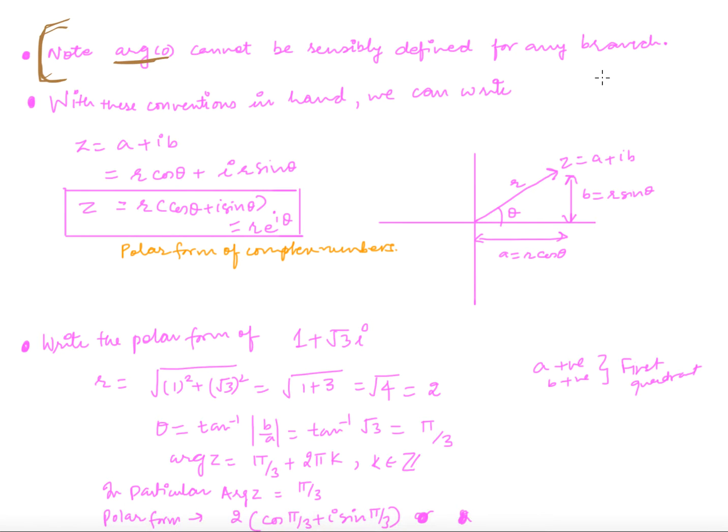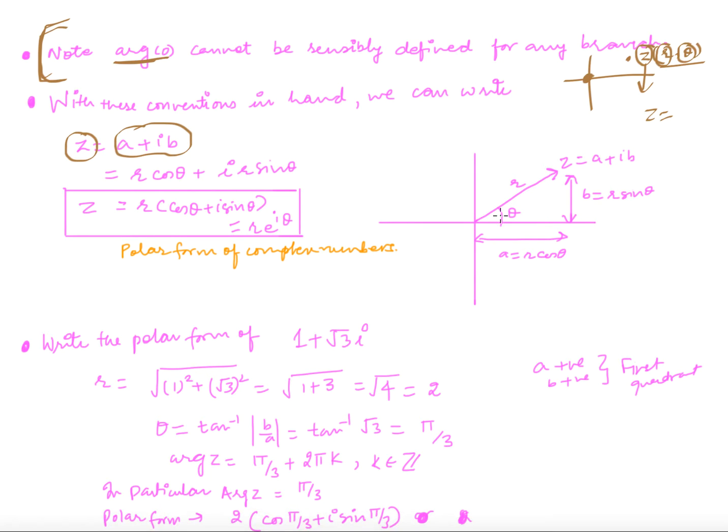Obviously, argument of 0, we don't know what the argument of this point is. Actually, we don't need this also because basically what we are doing is denoting every point with r and theta, right? So if we have a z and we have r and theta, what is the relation between r, theta and z? You have z is equal to a plus iota b.